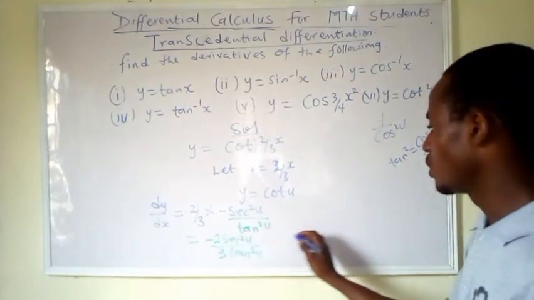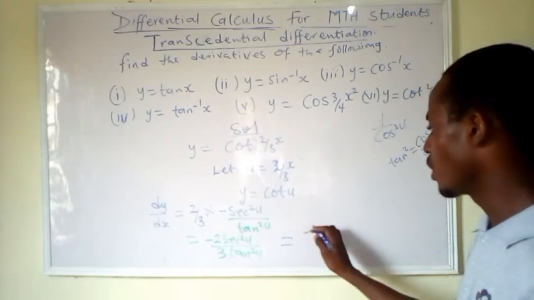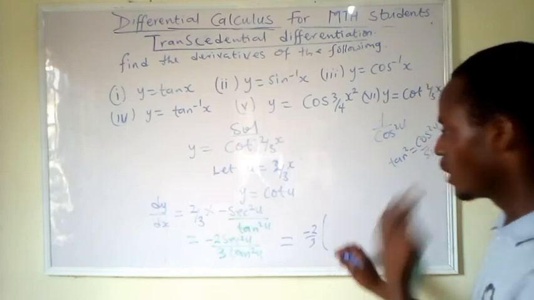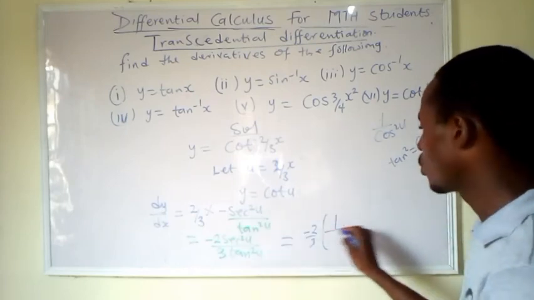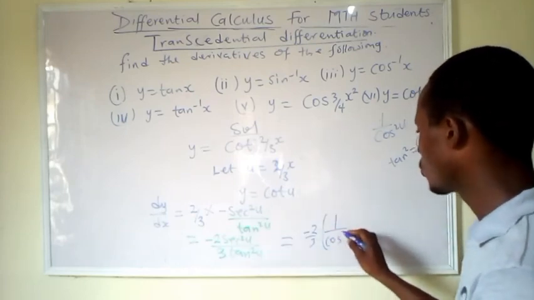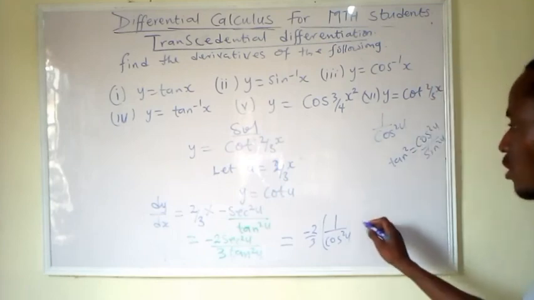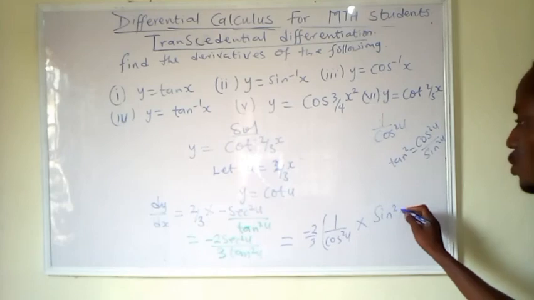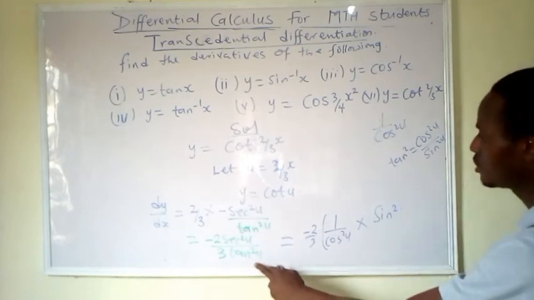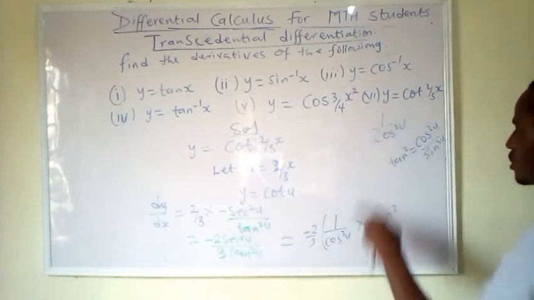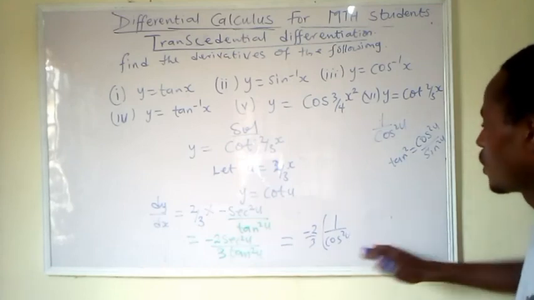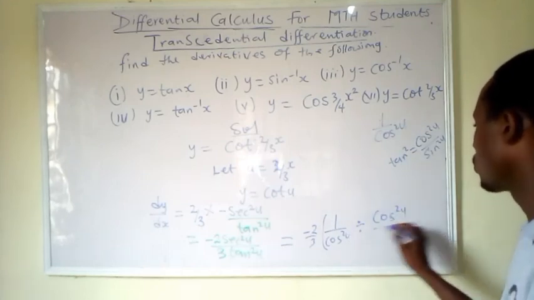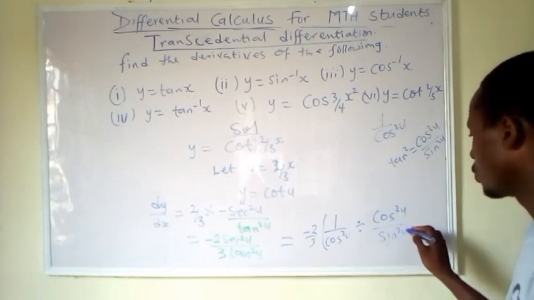So I can still separate this, meaning that I'm going to have minus 2 all over 3 multiplied by 1 all over cos squared u, divided by the cos squared u over sine squared u.